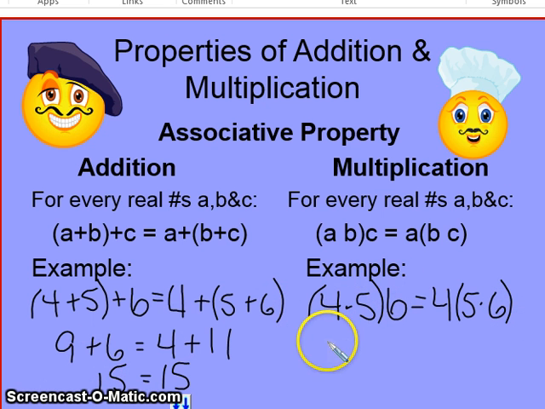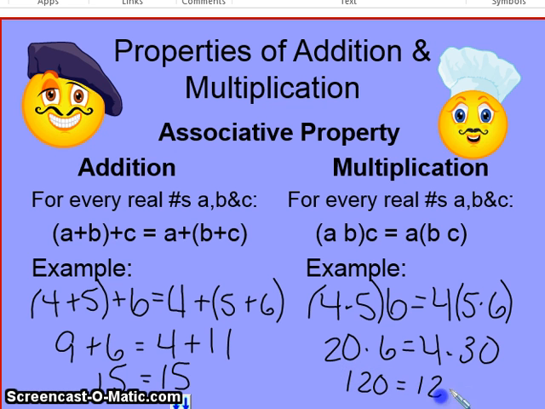Here when I multiply 4 times 5, I get 20 times 6. Over here I've got 4 times, and 5 times 6 is 30. And on either side, when I multiply, I get the same value, 120. So the associative property just says that it doesn't matter which way you group the numbers, you don't change the value of the equation.